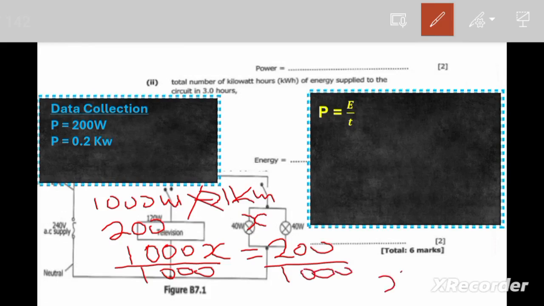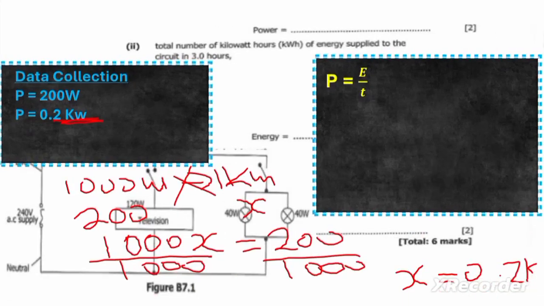The value of x, therefore, is 200 divided by 1000, which is 0.2 kW. So this is the power we have converted from 200 watts to 0.2 kilowatts. Time has been given, which is 3 hours.